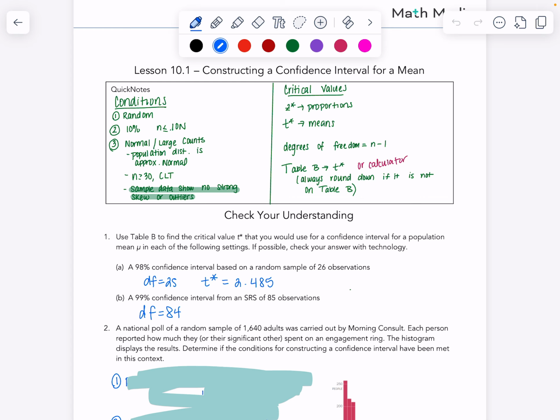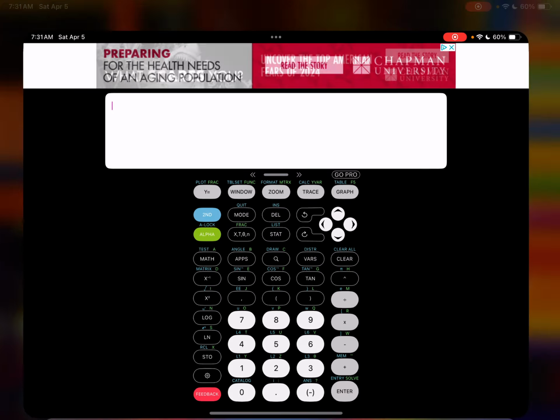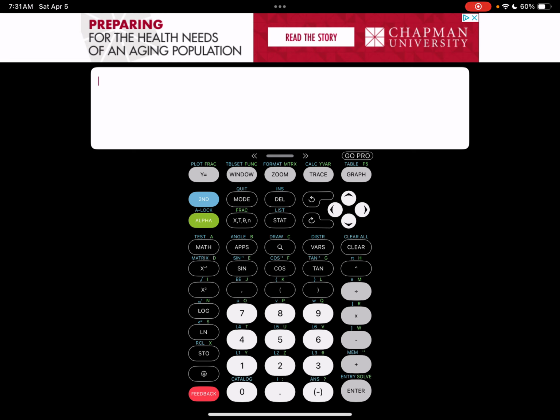But anyway, going back to the problem, it is degrees of freedom of 84 and a 99% confidence interval. In your calculator, if you're choosing to use it, you're going to go to your distribution list, and then go to inverse T, which is the fourth option. And then the area is the tail probability I was talking about. For a 99% confidence interval, the area on both ends adds to 1%, or if you cut it in half, that's 0.5%, which as a decimal is 0.005.